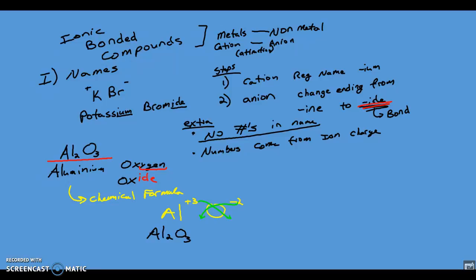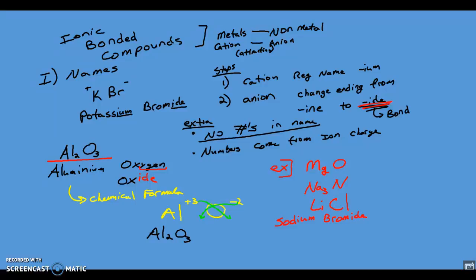So here are some examples I want you to work on, and we'll talk about in class. Examples: NaO, Na3N, LiCl. I want to know all of those names, as well as sodium bromide.